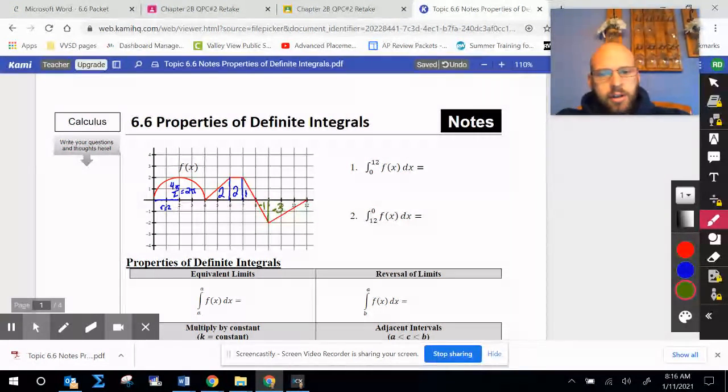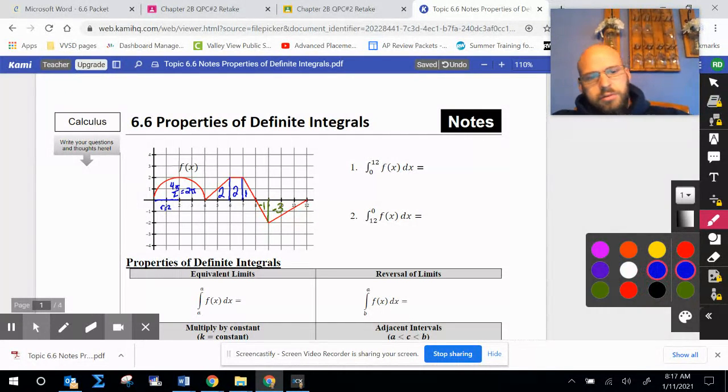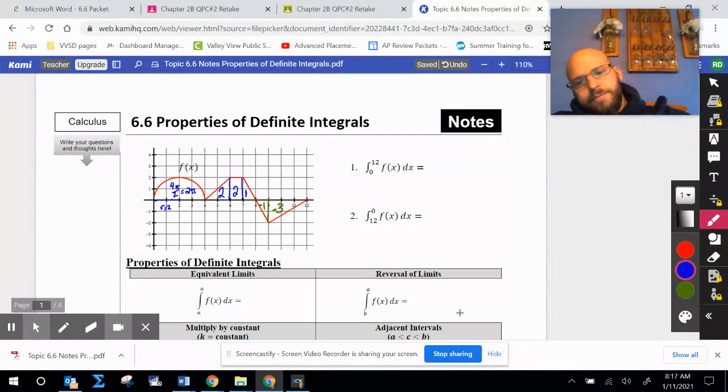So if I add this all up, if I go from 2 pi plus the trapezoid, which is a total area of 5, and then I'm going to say minus the little triangle that's below, which would be 4, I end up getting the area to be 2 pi plus 1.